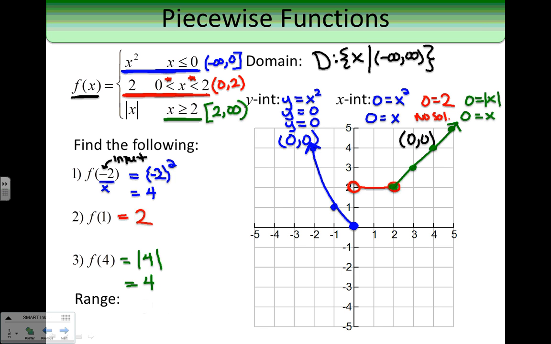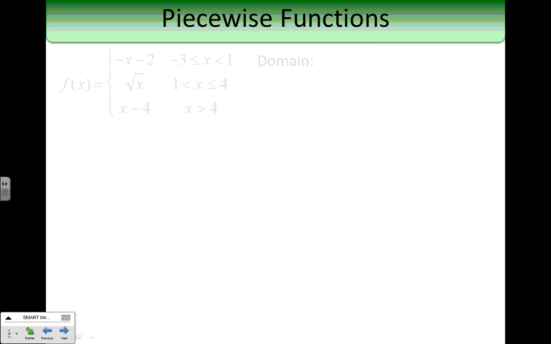So range is all of our y values from 0 to infinity. Okay, so that is a lot of information that we're getting just from that one particular graph. So let's go ahead and do one more together.